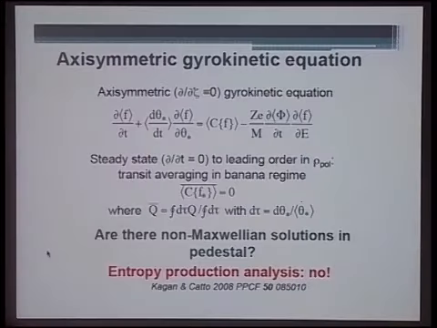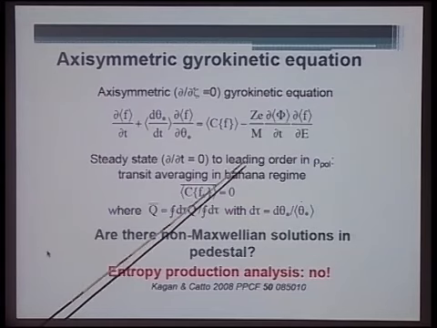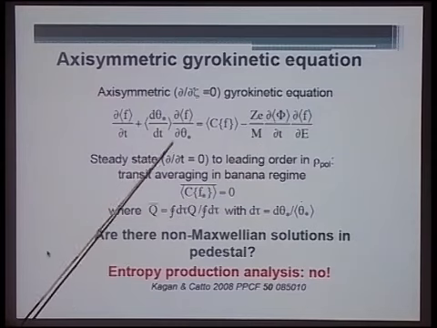So here is an old result, but I think it's useful to review these things. If you assume axisymmetry and you use psi star as the radial variable, you get a fairly simple gyrokinetic equation in that case. It has time derivatives, and it has a theta derivative, and it has the collision operator.